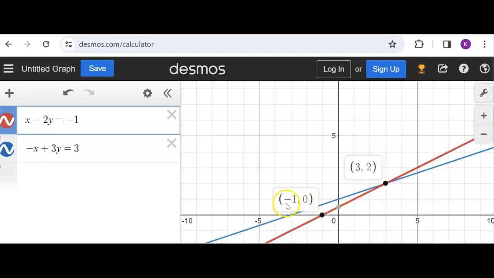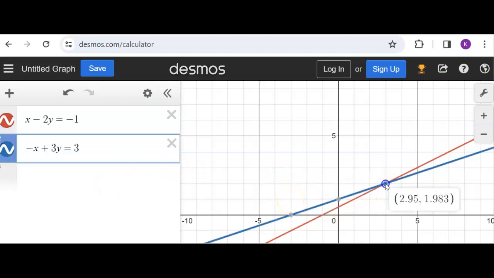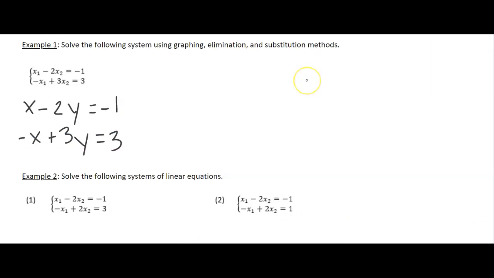I could plug in -1, 0, and that is true for the red line. I could plug in 5, 3, and that is true for the red line, but it's not true for the blue line. The only point that is true that is on both of those two lines is the point 3, 2. Let's do this by some other methods.